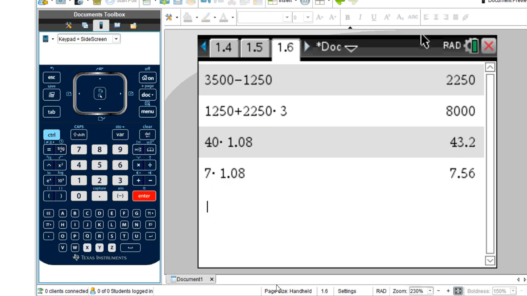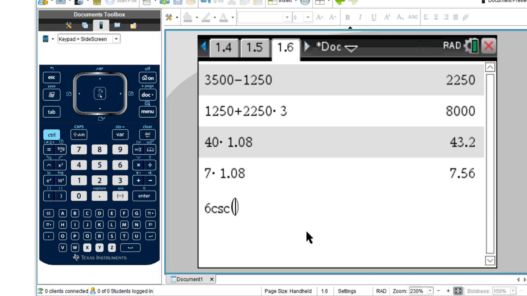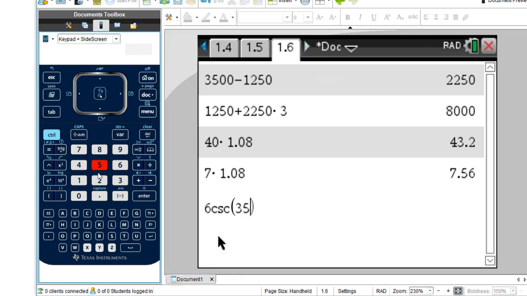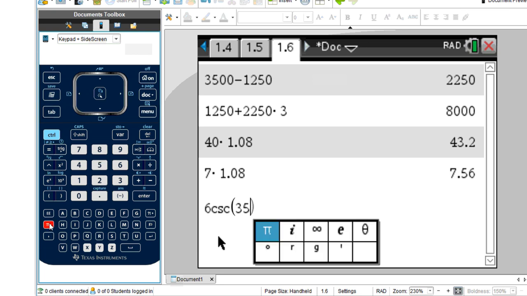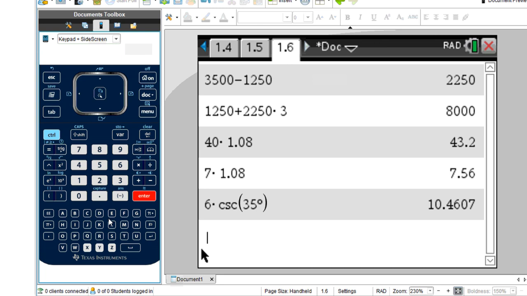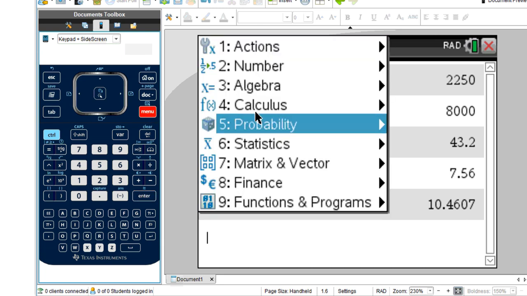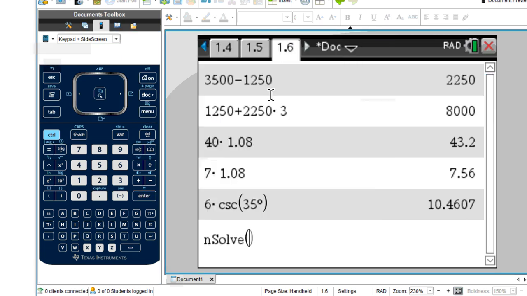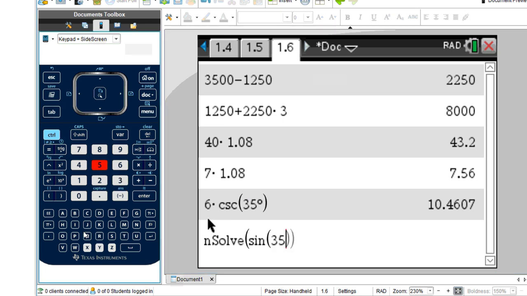So we go here, 6 cosecant 35 degrees, and we get that. And then if we want to use n solve from the original equation, it might have made things easier. So numerical solve, we say sine of 35, and I'm in radians here, so I got to put a degree symbol.